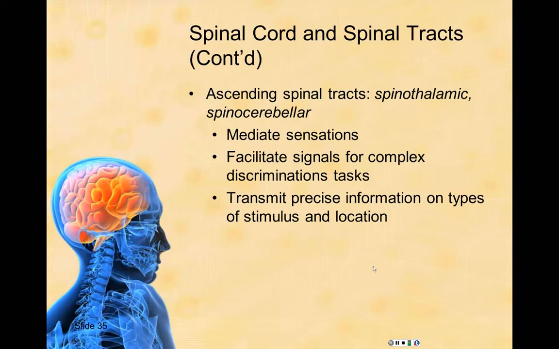Now when we look at the spinal cord and spinal tracts, you'll hear the ascending and descending spinal tracts. So the ascending spinal tracts are the spinothalamic or spinocerebral, mediate sensation, facilitate signals for complex discrimination, and transmit precise information about stimuli and location.